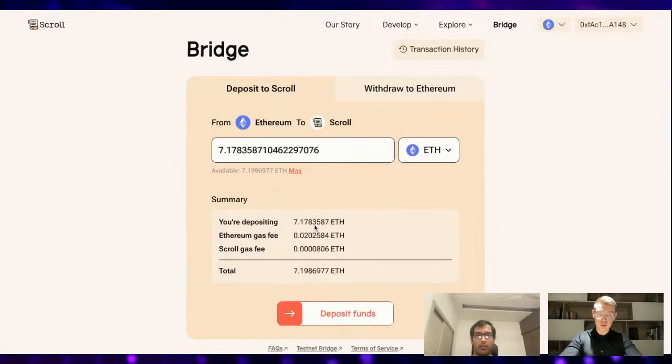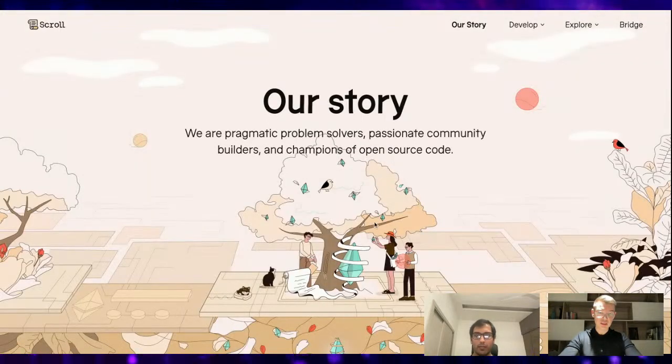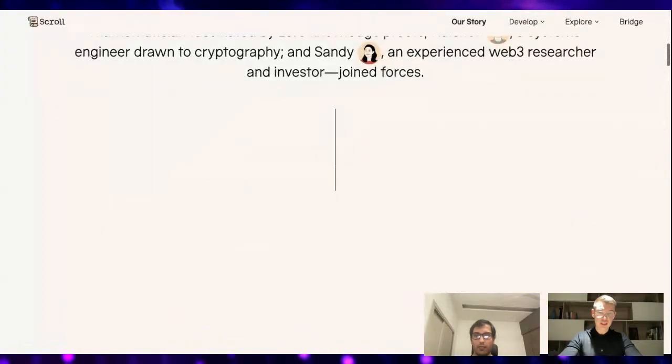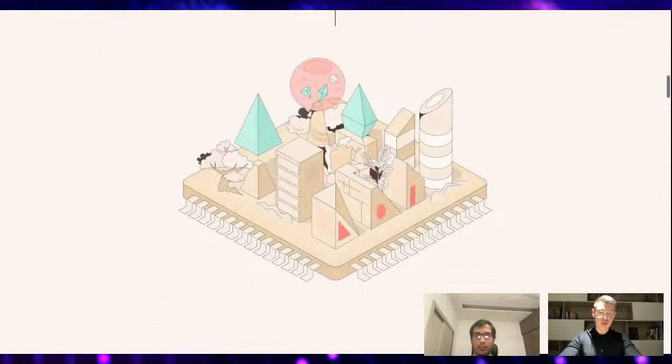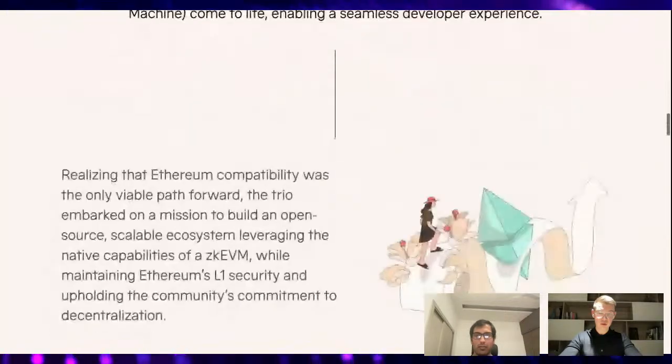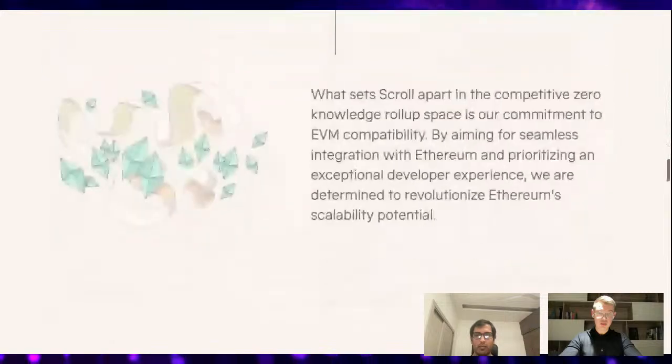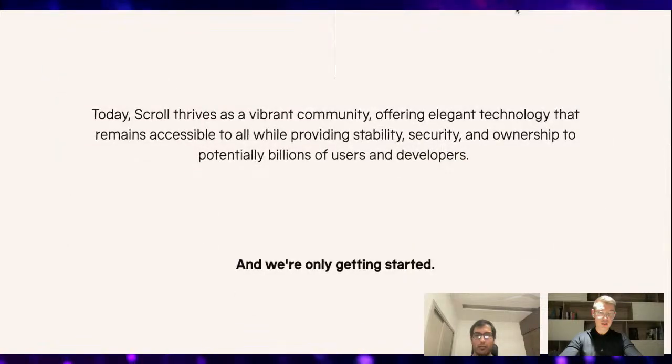But just to give you an understanding, if I bridge 7 Ether here, it will cost me around 0.01, actually 0.2, so I think it will be around $20. So I do not personally suggest using this. If you want to participate in their official NFT campaign, it's better to use other bridges, and I will give you a better solution right now.